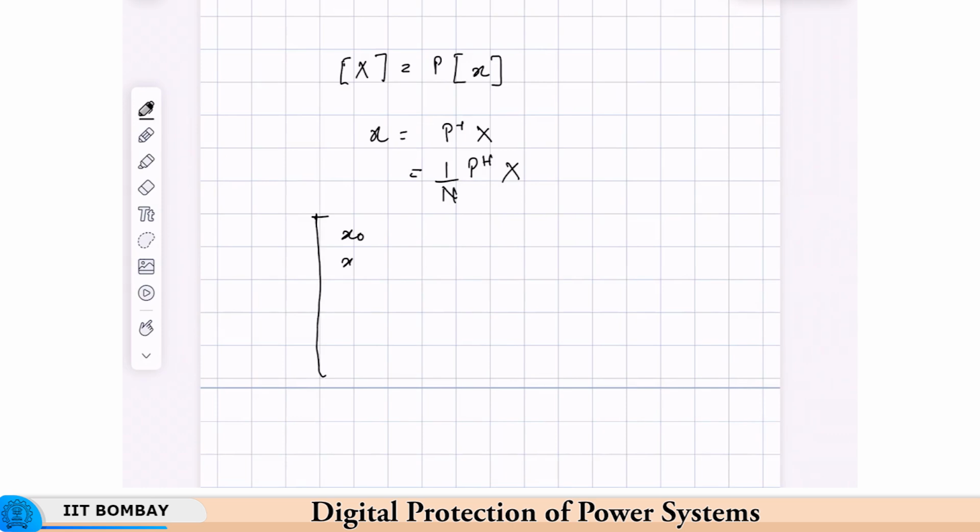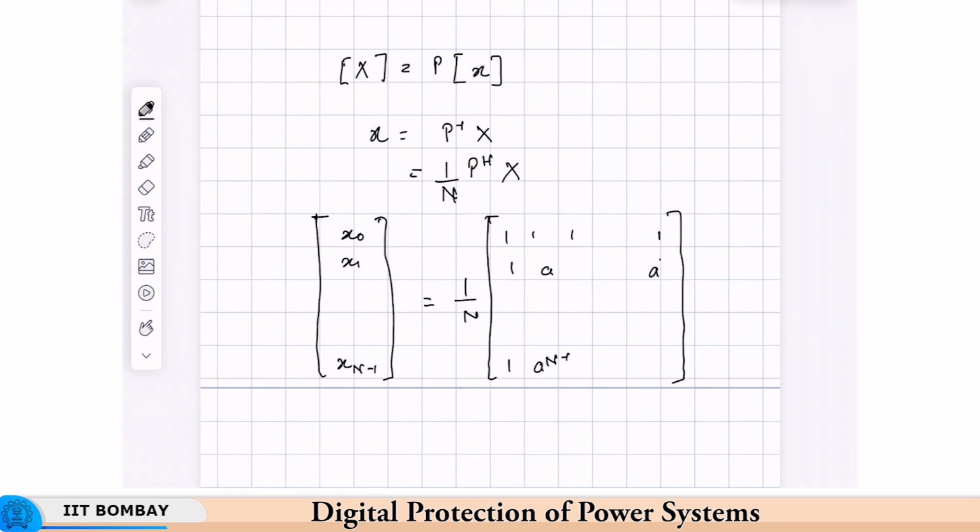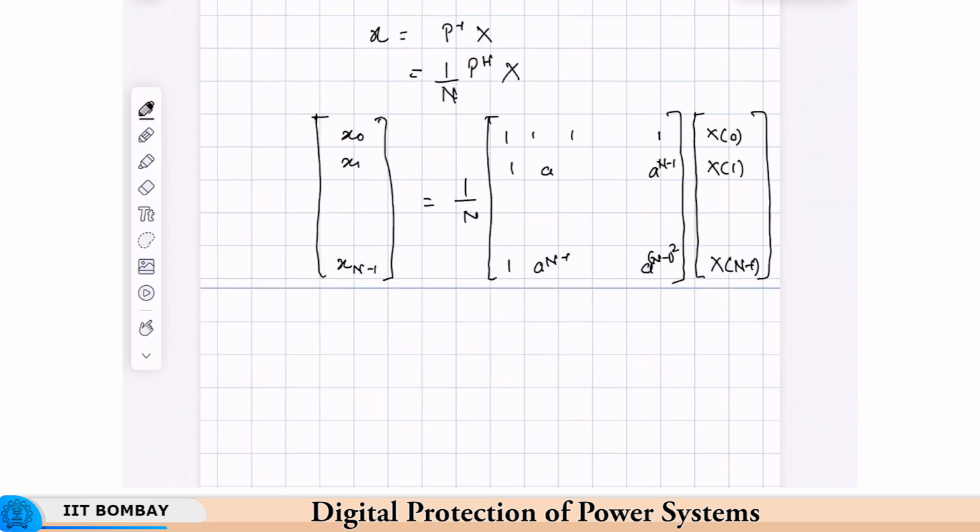We have x 0, x 1, up to x n minus 1 equal to 1 by n times the matrix with rows of 1 1 1, then 1 a up to a raised to n minus 1, and so on, up to a raised to n minus 1 squared, multiplied by capital X of 0, X of 1, up to X of n minus 1. So, this is what we get from the inverse.